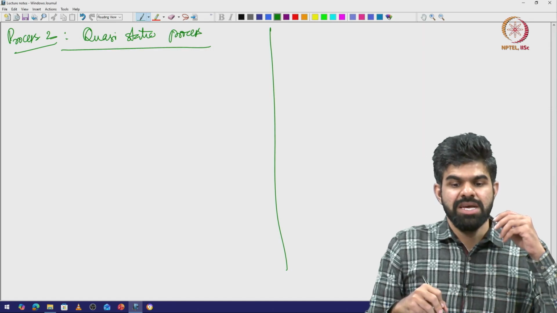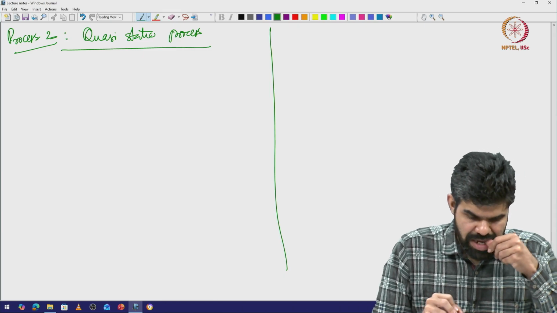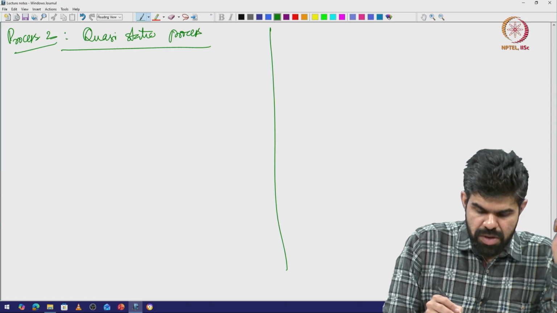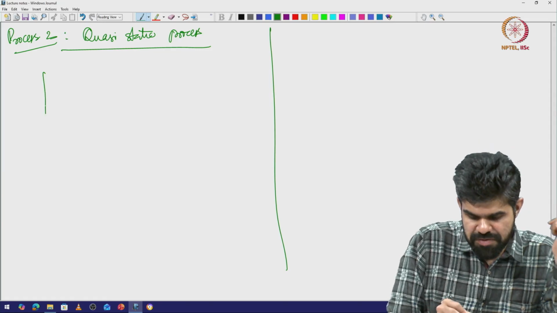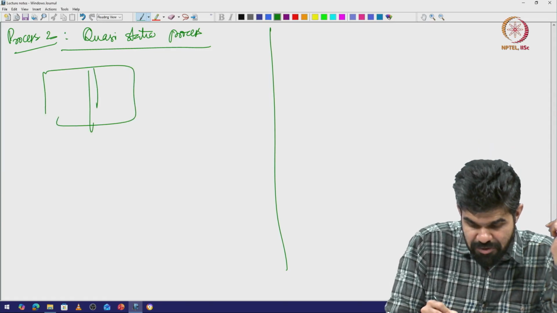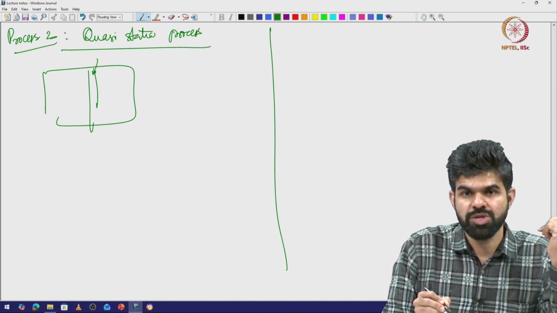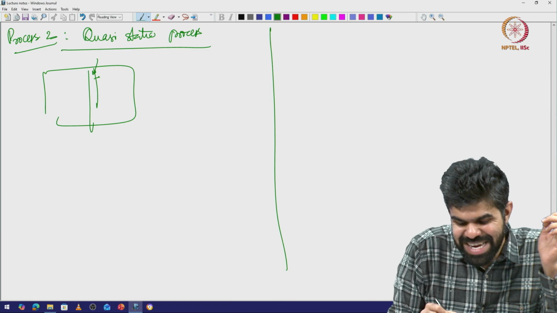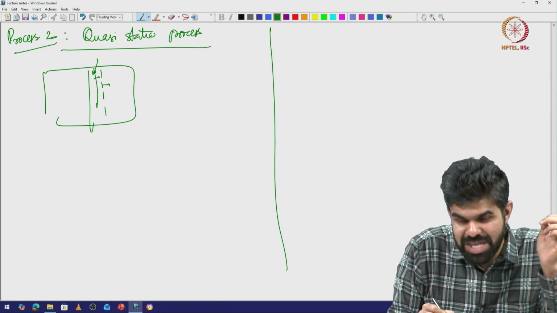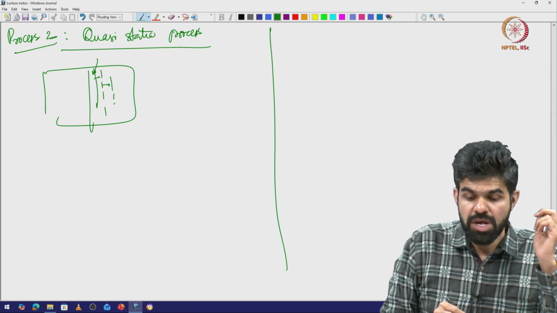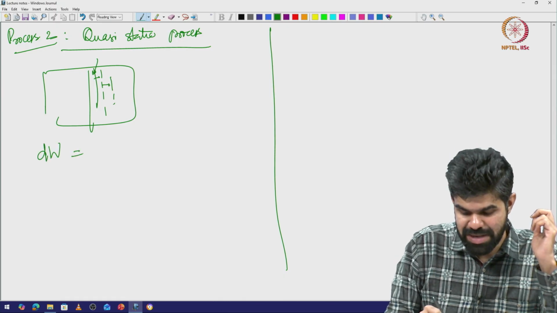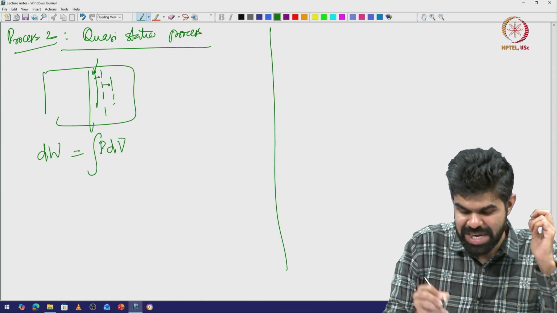In this process 2, first of all I am doing some work on the piston so that the piston does not just expand. I am carefully taking it to this position and so on. So, I am doing some work on the system, dW, and that is some PdV work.